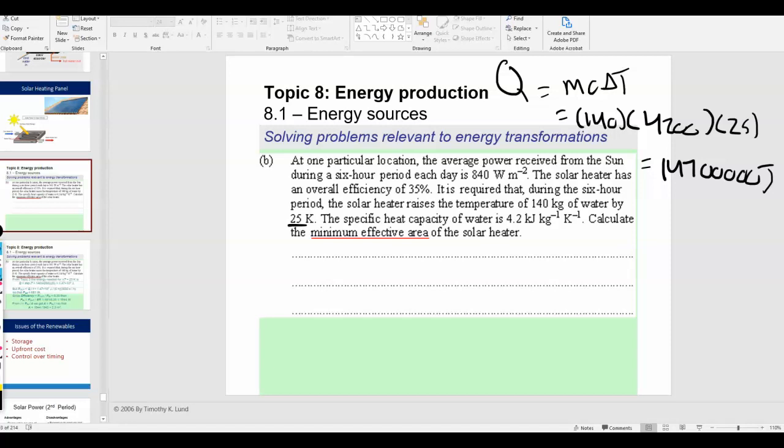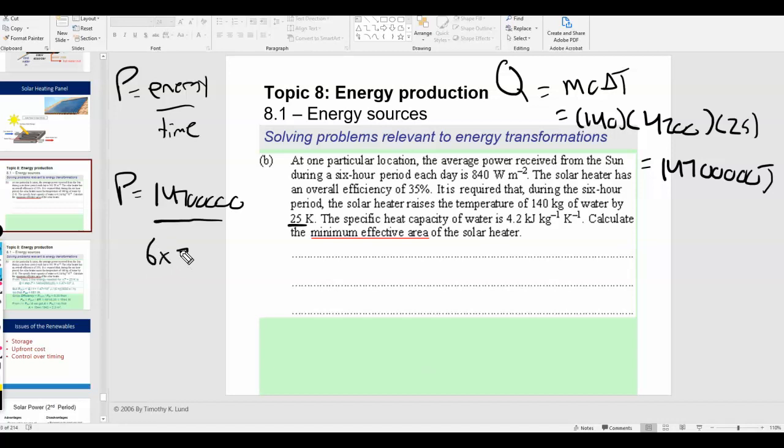But the energy is spread out over 6 hours, and I know power is energy over time. So I can find out how much power is required to do that just by dividing by the time, the number of seconds in 6 hours.